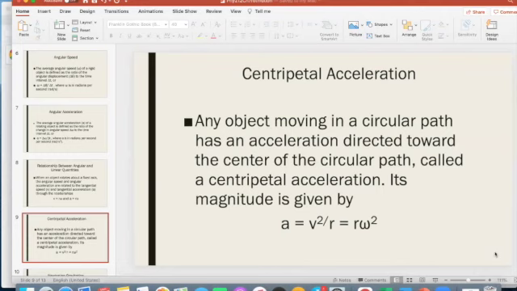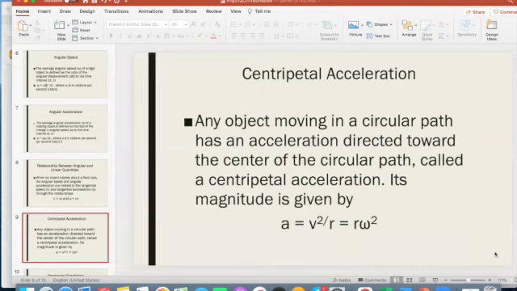And then we have centripetal acceleration. This is the acceleration of an object moving in circular motion on a circular path, with an acceleration directed toward the center of that circular path. The axis of rotation is where that acceleration is pointing towards.